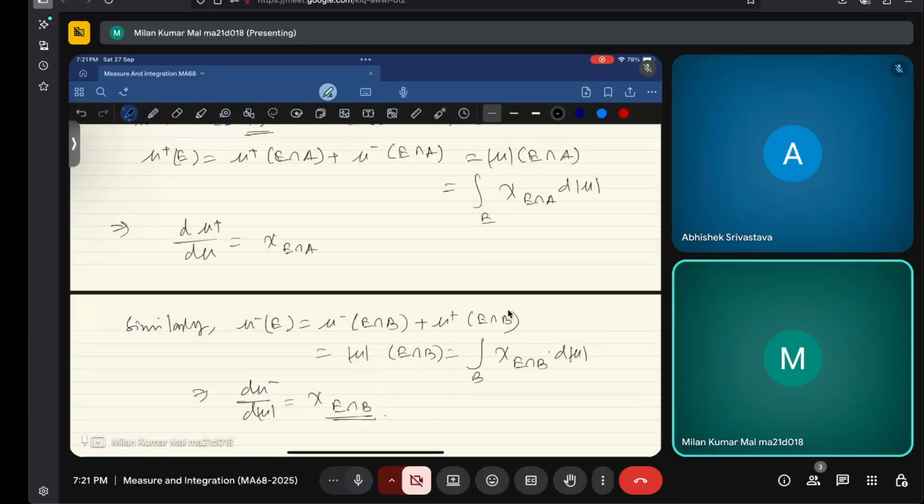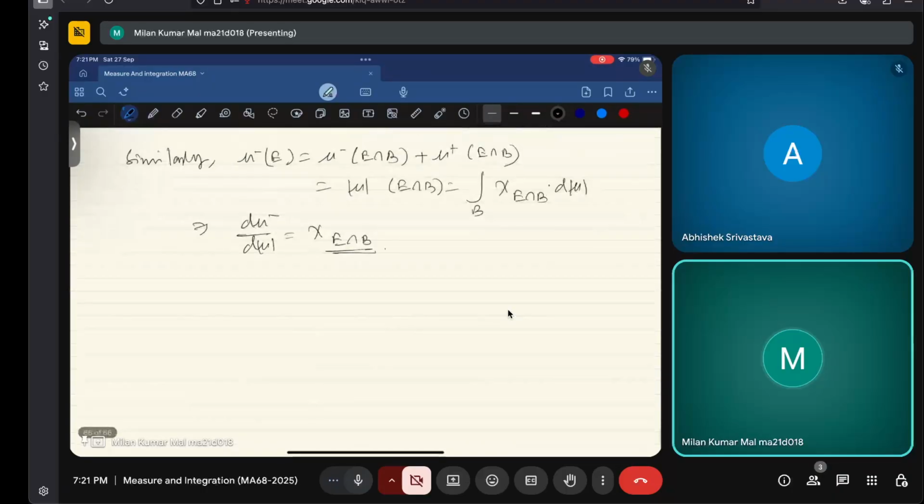So therefore, this is true for every measurable set E belonging to the sigma algebra, and also for every E belonging to A. So one can obtain this. This is nothing special.